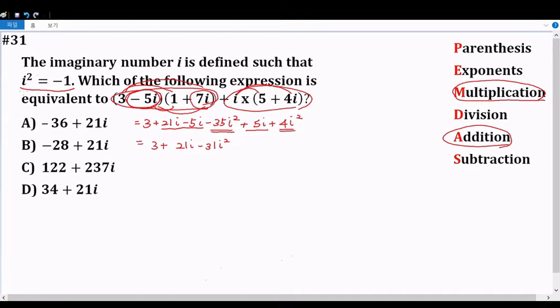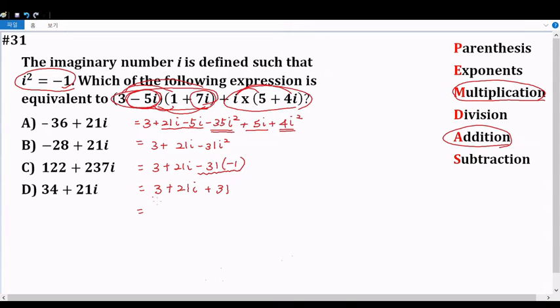Since i squared is equal to -1, we can substitute i squared with -1. Then we get 3 plus 21i minus 31 times -1. Negative 31 times -1 is equal to positive 31.